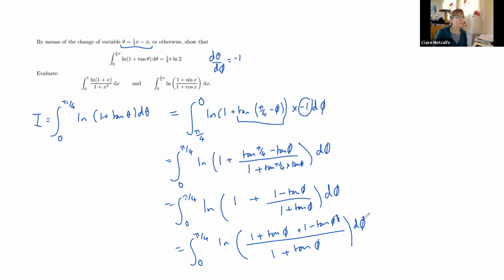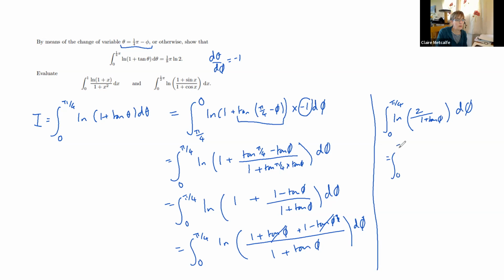Okay, so we seem to be making relatively good progress. These tan phi's cancel. So we've now got, just going to write it over here, integral 0 to pi by 4 of log of 2 over 1 plus tan phi d phi, which is equal to the integral from 0 to pi by 4 of log 2 minus, so I'm going to use the fact that log of a over b is the same as log a minus log b.